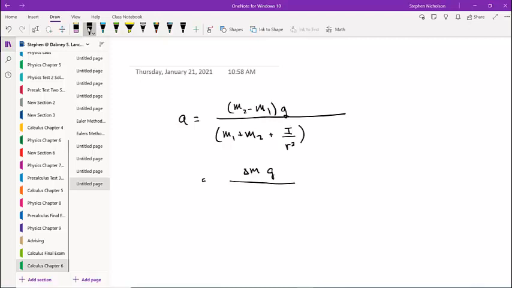Then you have the two masses together, which is the base mass plus the delta mass. So this is the 210 grams, and then this is 20, 40, 60, 80, 100. And then we have the moment of inertia of the disk divided by the radius of the pulley squared. That should be the theoretical calculation. So let's go ahead and do that.